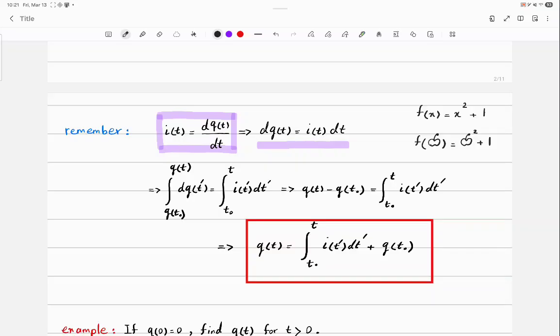So q(t) minus q(t0), right? Right-hand side, just write it itself, whatever that is. So up to this point, I hope that you could follow me, right? Now just take q(t0) to the right-hand side and you'll have the final equation. And I'm going to explain what it means.